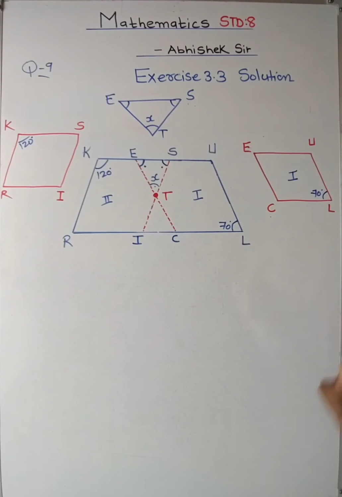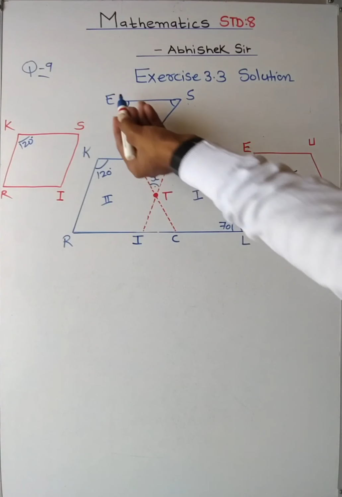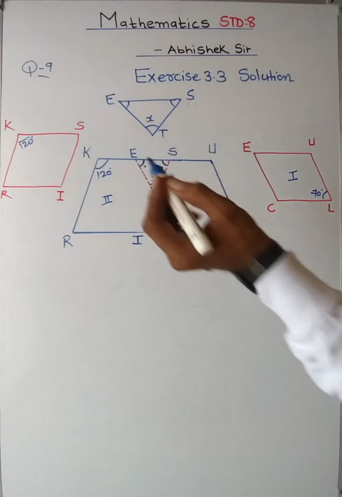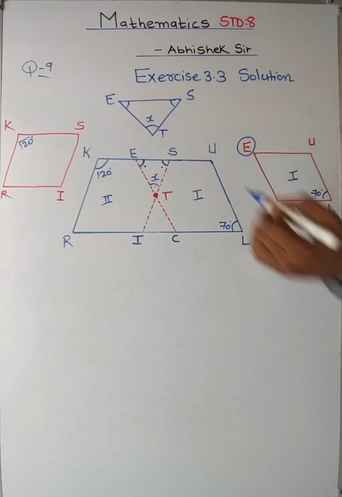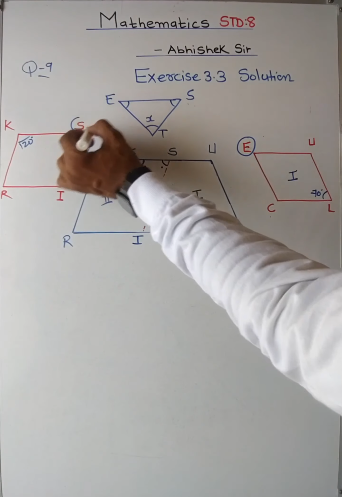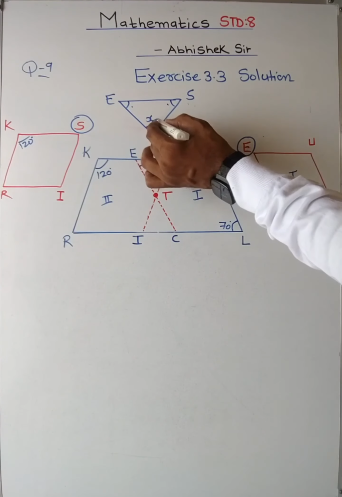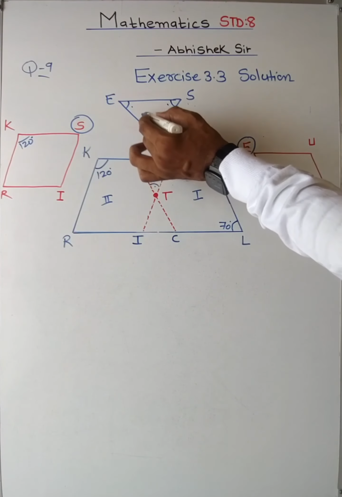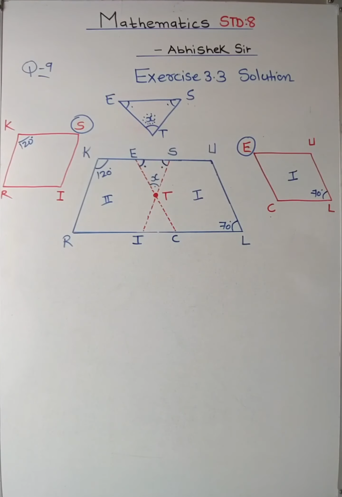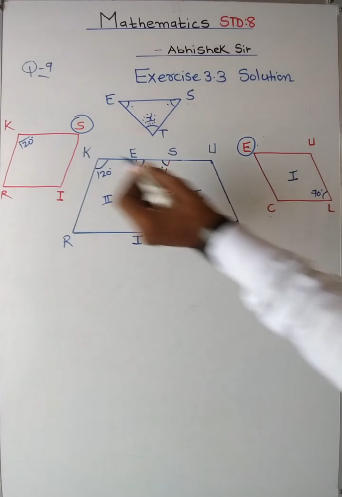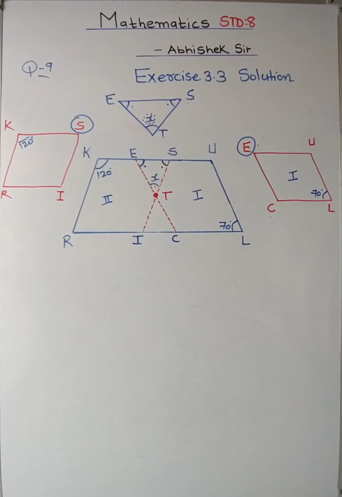Now how to find out E and S? So E we will get from here, S we will get from here, and putting the value of E and S we will get x by the triangle sum property. Clear? So our plan is clear. Let us find out E, then S, and then x.